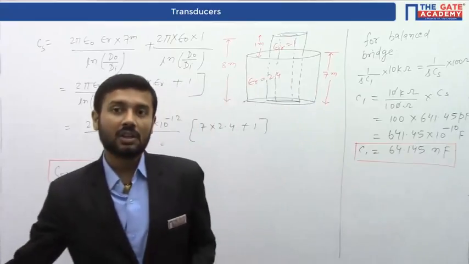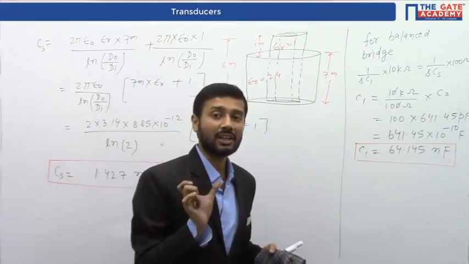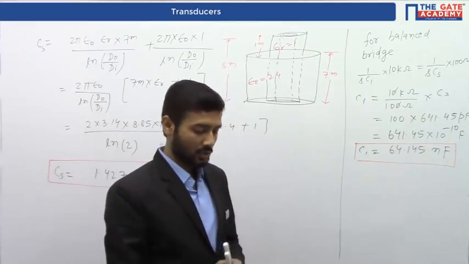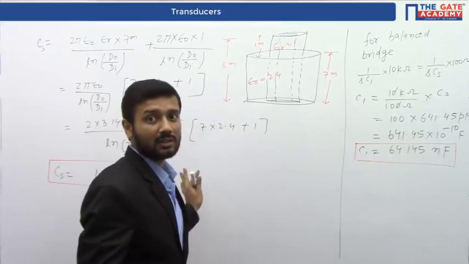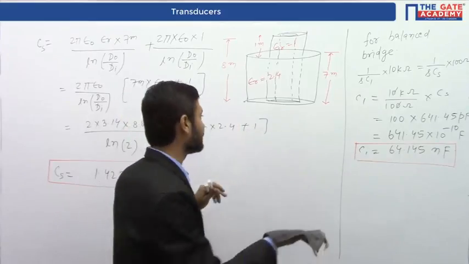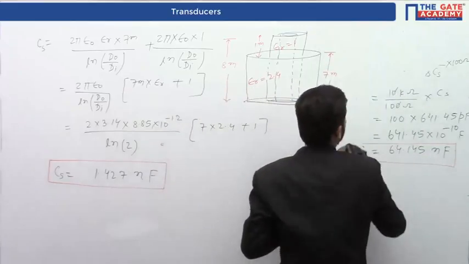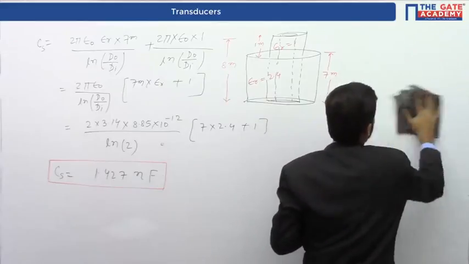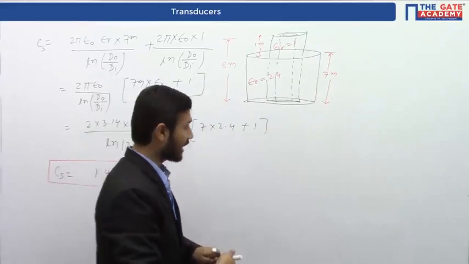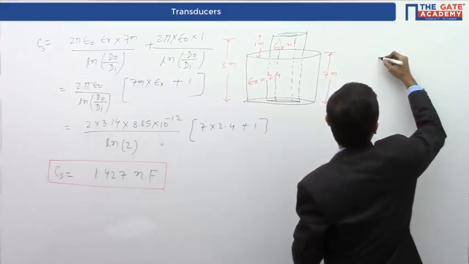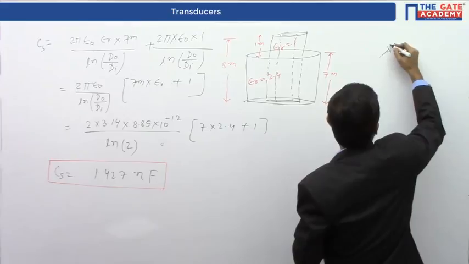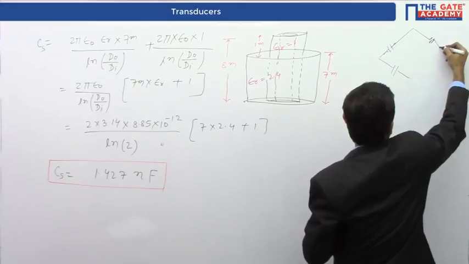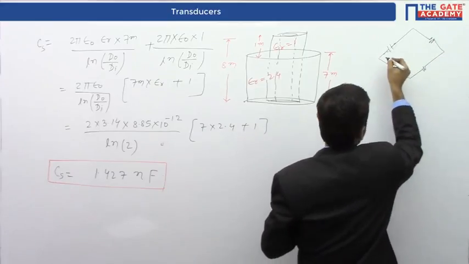Now we have to find the voltage V0 across the bridge when the tank is full. Now we have this capacitance for the full tank, so we take the bridge again. The bridge is drawn like this.